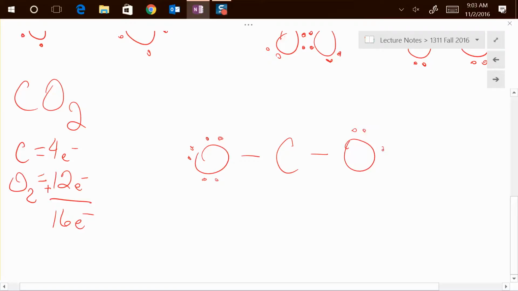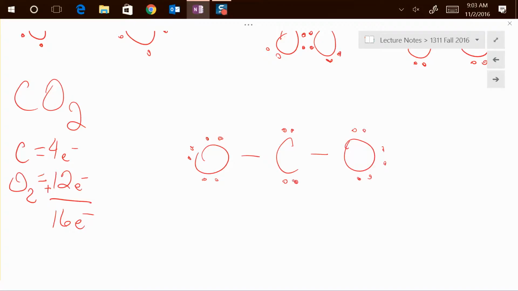Same thing here. What do I do to the carbon in the middle? 4 more. 2, 4, 6, 8. Oxygen has 8. Carbon has 8. Oxygen has 8.